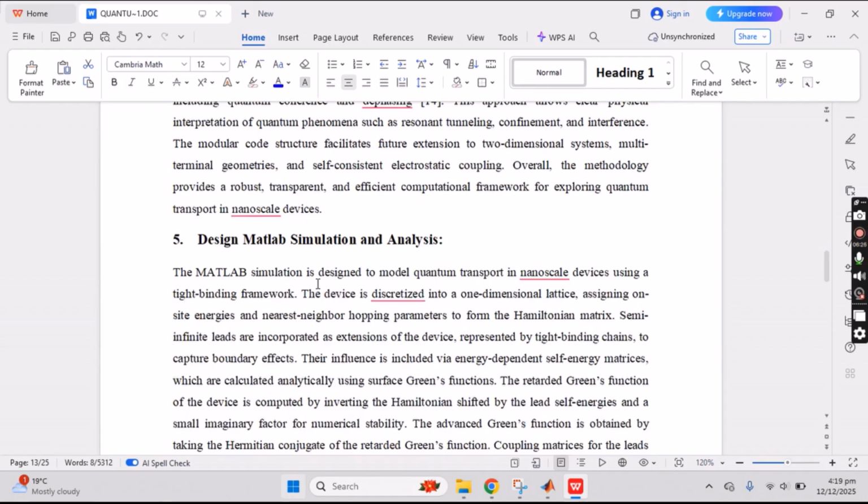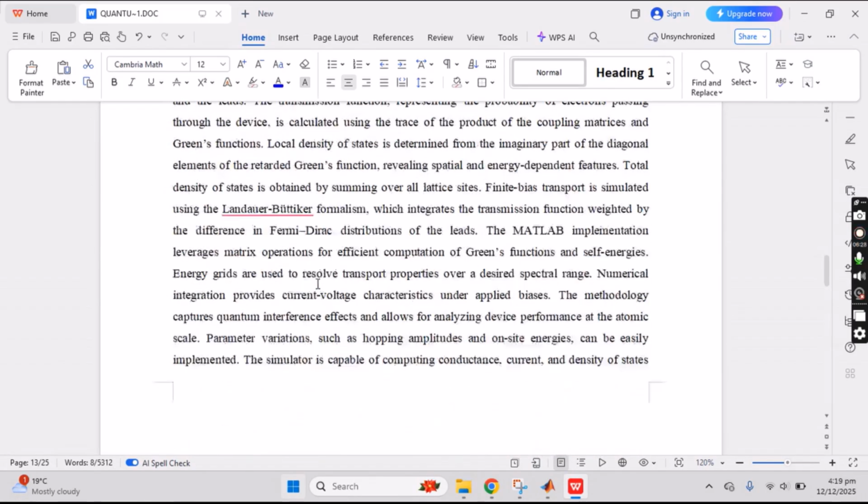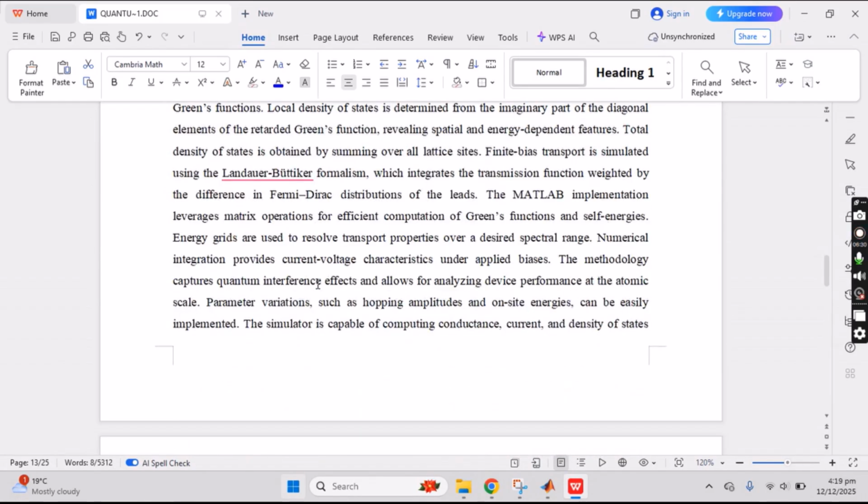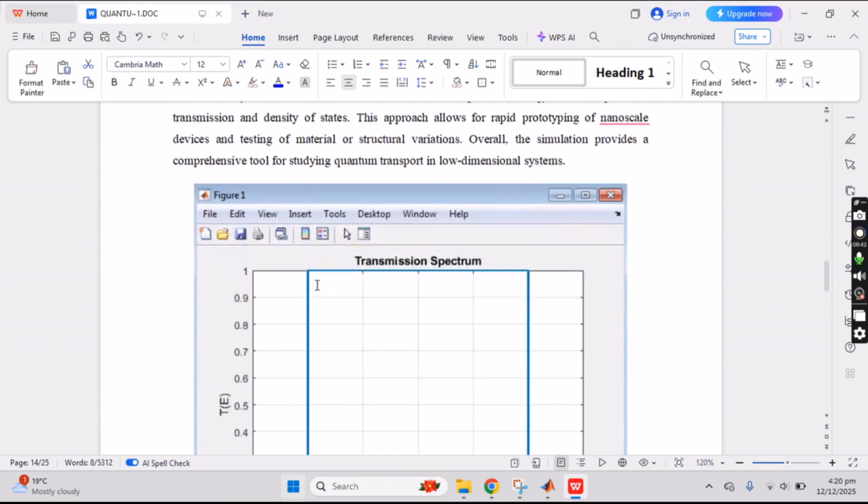Next is the MATLAB simulation design, where I have added all the sparse matrix operators for efficient computation of the Green's function and self-energies, and the energy grid is used to evaluate transport properties over the desired spectral range.